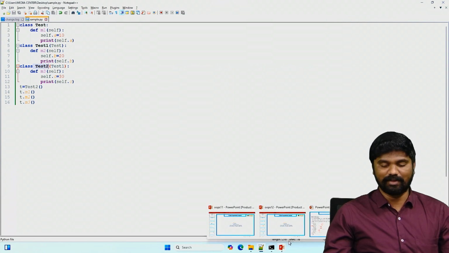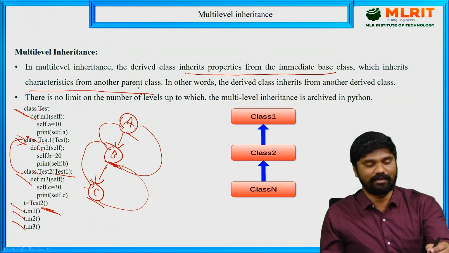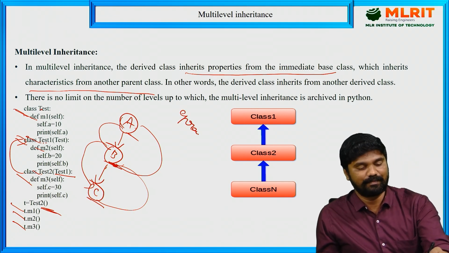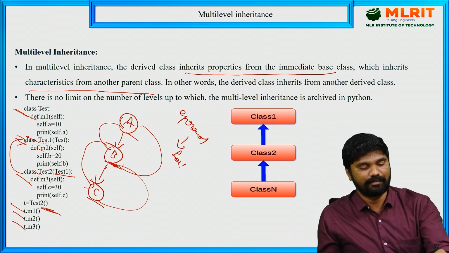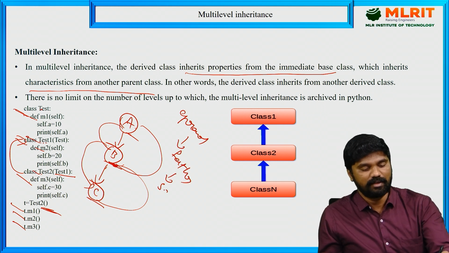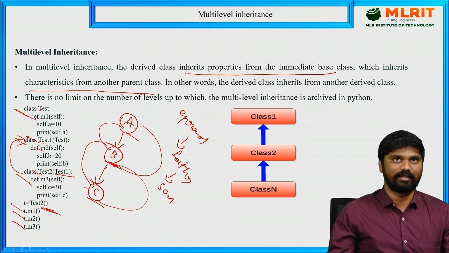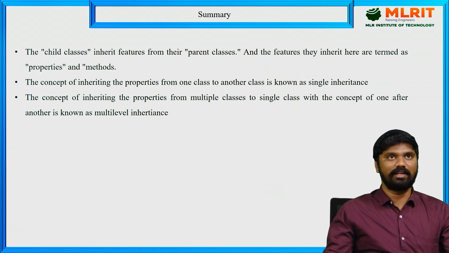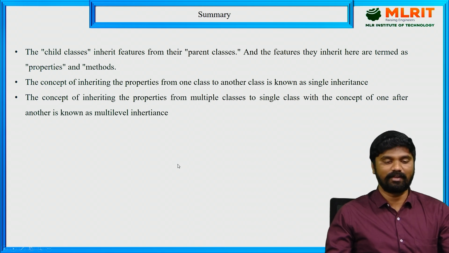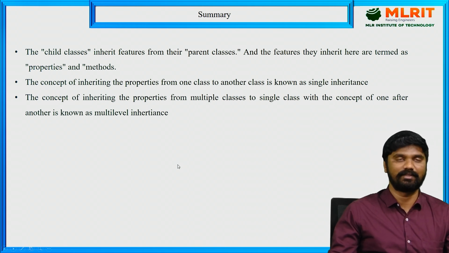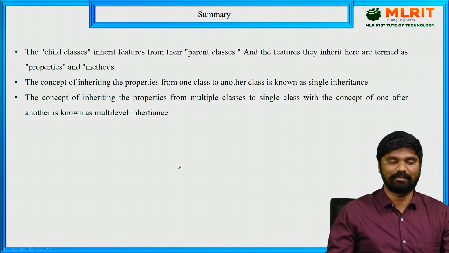It is similar to this: grandfather, father, and then son. This is the multi-level inheritance concept. Okay, right. Now finally, the child class inherits features from the parent class.